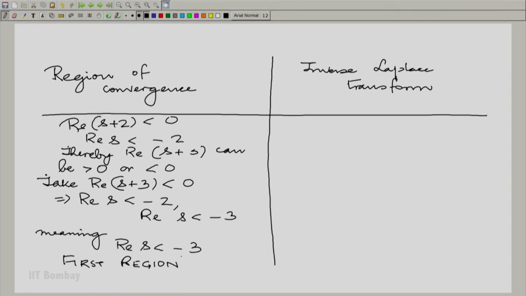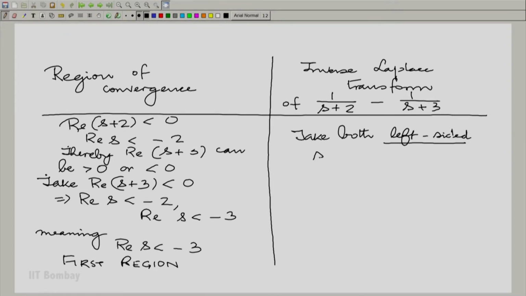Now, in this region, the inverse Laplace transform, we know the expression is common. The inverse Laplace transform looks at both terms and takes the left sided corresponding signal. So, 1 by S plus 2 would lead to minus e raised to the power minus 2t u of minus t.